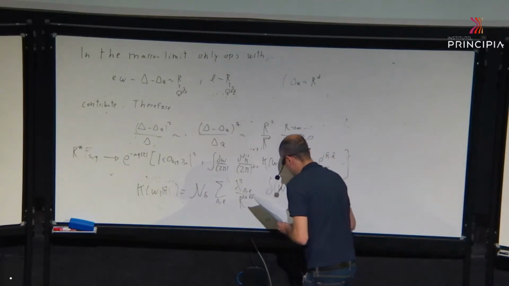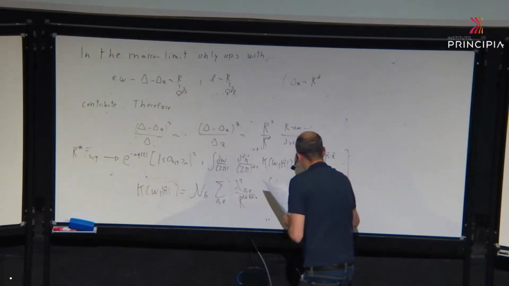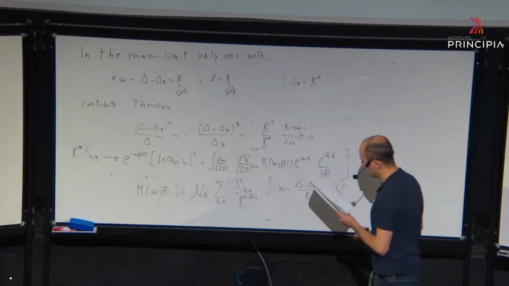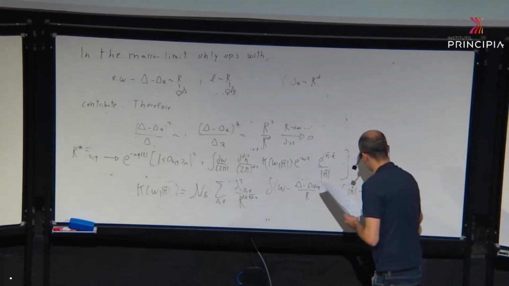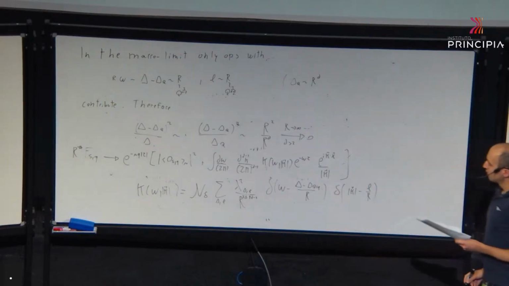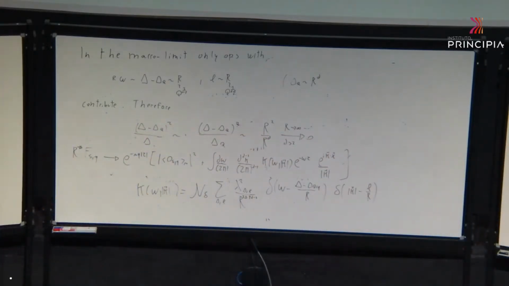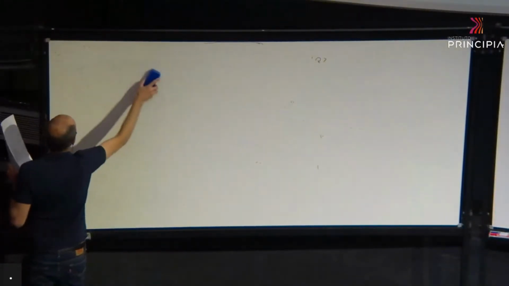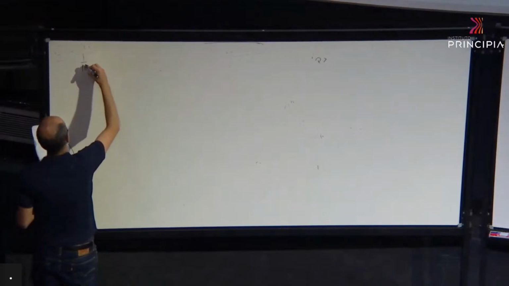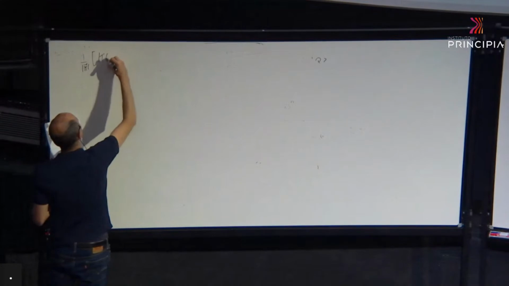Delta omega minus, let me write it a bit. Delta minus delta Q plus Q, to be precise. Delta, k minus L over R. This is a straightforward exercise. And this relates spectral densities.